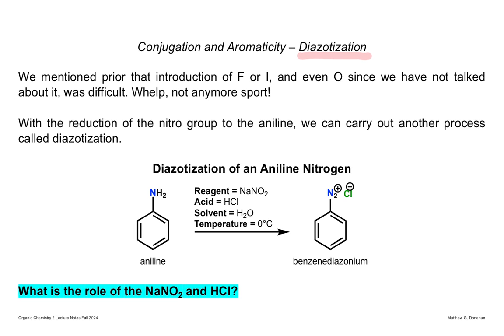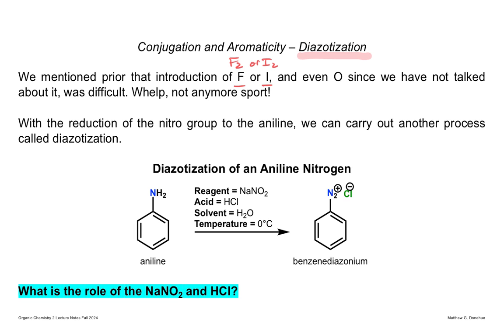And essentially what that is going to allow us to do is transform what was the nitrogen into other atoms, such as fluorine or iodine. And so notice in the prior lectures, we didn't talk about F2 or I2.